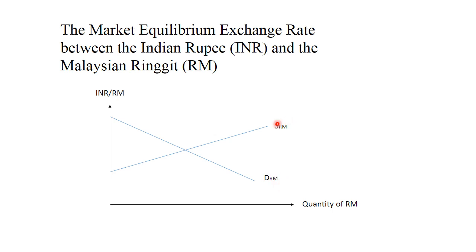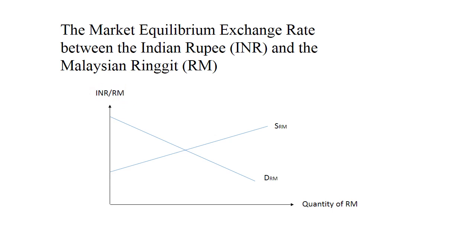Just now you used supply of Indian rupee, but in this case you are going to use supply of ringgit Malaysia. You also have to change the label: it will be Indian rupee per RM. So it means that 1 ringgit Malaysia is equal to how much Indian rupee.